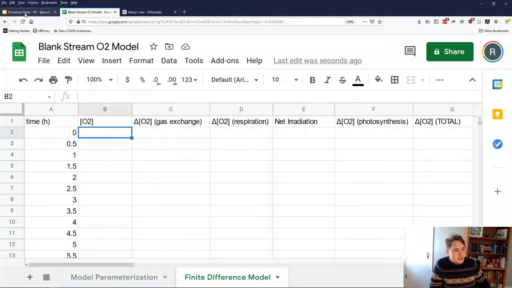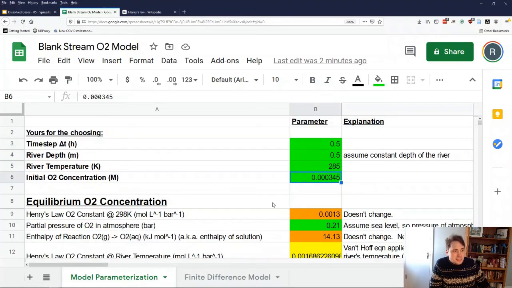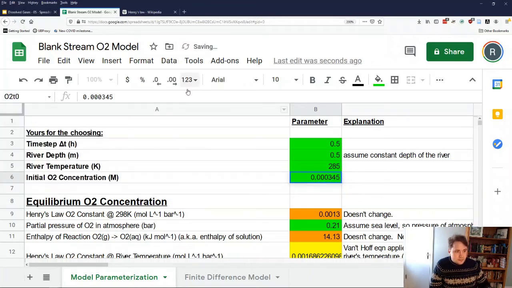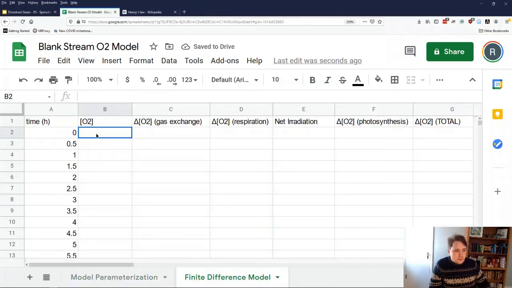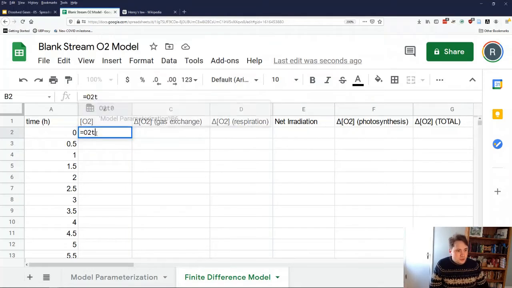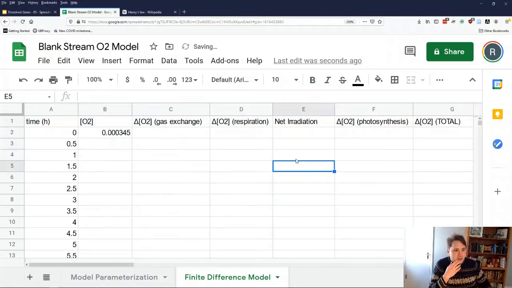Well, first we'll start with the initial concentration of oxygen at time 0. And we named that, oh, we didn't name that. Let's say O2T0. Now it's named. And we'll just put it here, equals O2T0. And that fills in the value that we had.